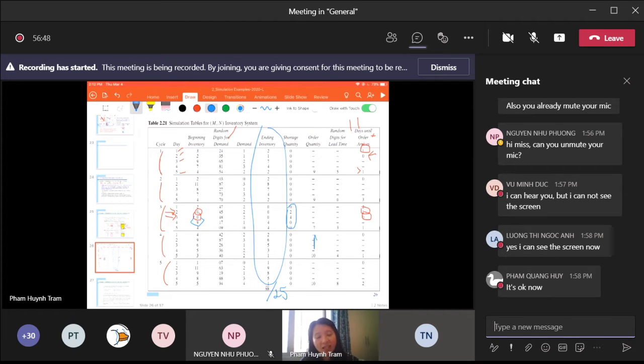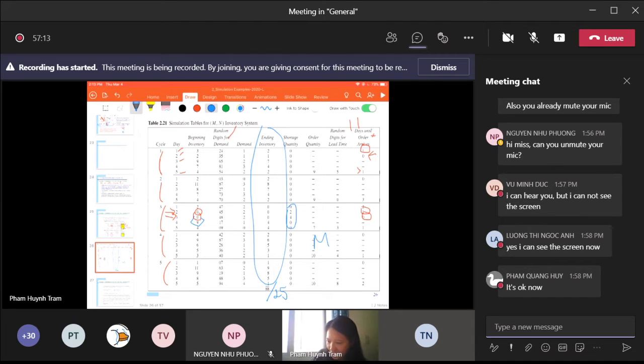Or if we want to reduce the review period, instead of 5 days, we reduce to 4 days, and see whether it is significantly improved or not. We can try that. That's the way simulation works.